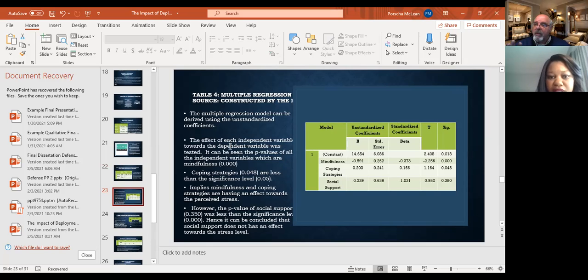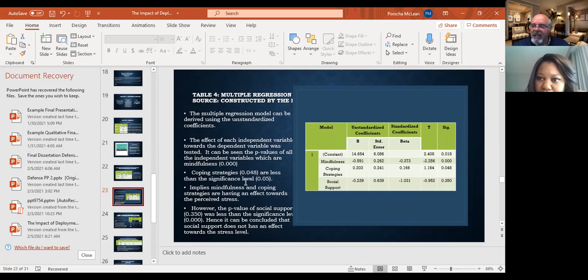Remember, the critical alpha is always 0.05, and that's like your referee. These are all calculated significant values, and if the calculated sig values are less than 0.05, you get to say this is a significant predictor. Mindfulness is very correlated with your DV.